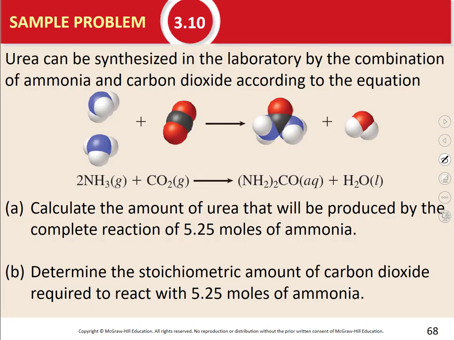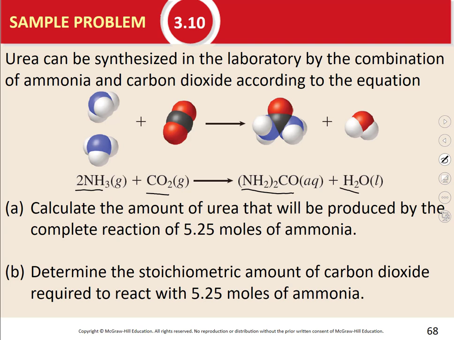All right, so let's try this out. Urea can be synthesized in the laboratory by a combination of ammonia and carbon dioxide according to the following reaction: 2 ammonias plus 1 carbon dioxide makes 1 urea and 1 water.